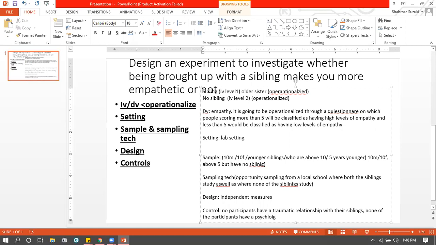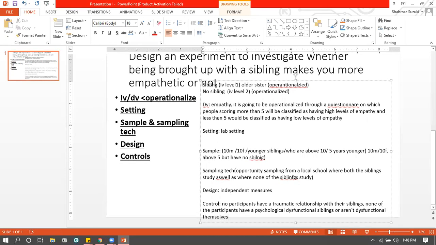Psychological. Oh, apart from that, are you making sure that everyone's ages are the same? Because if you change ages, that could be a problem.